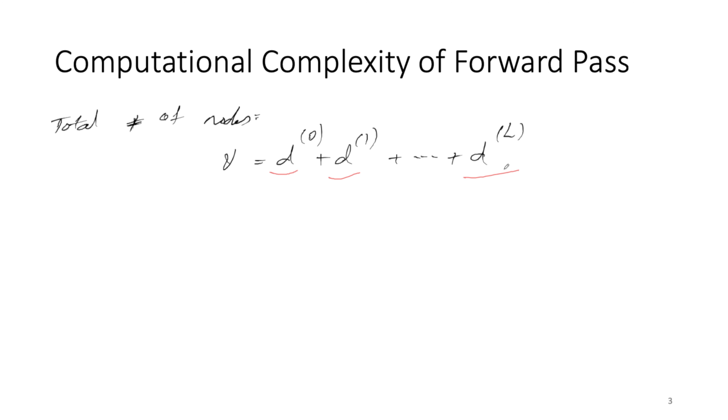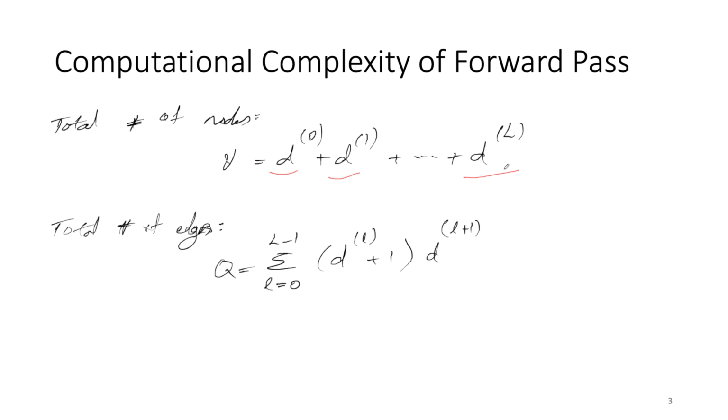And the total number of edges. So those edges connect your V's here. You have it like this, and these are the edges that connect them, right? So all of them are edges here. And these are the nodes.